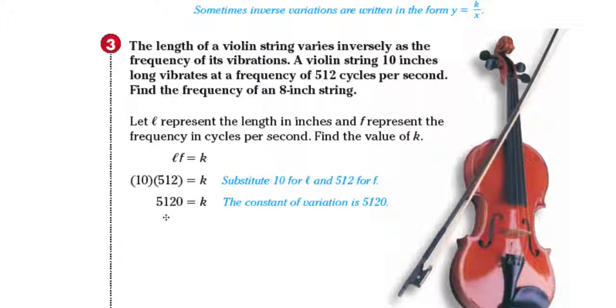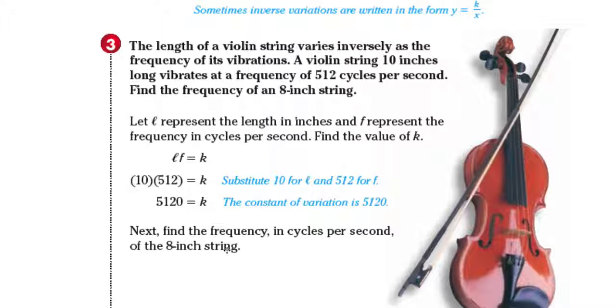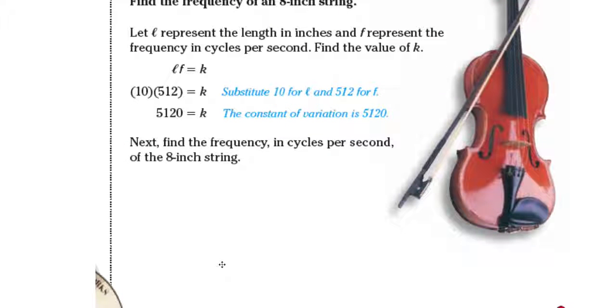Now, using the constant of the variation, we can find the frequency in cycles per second of an 8-inch string. So how do we do that? Again, let's write down the formula for inverse variation. LF equals k, because length varies inversely with the frequency of its vibration.